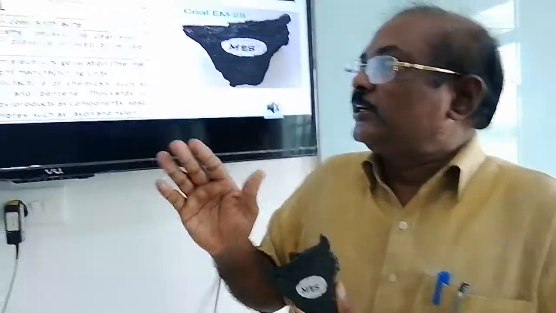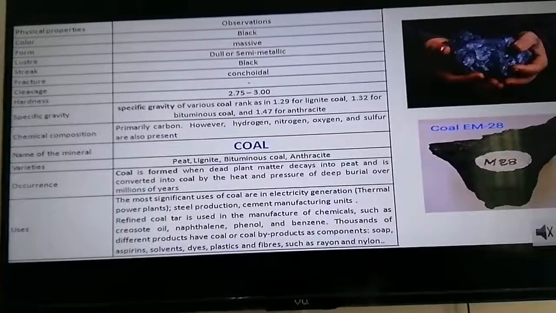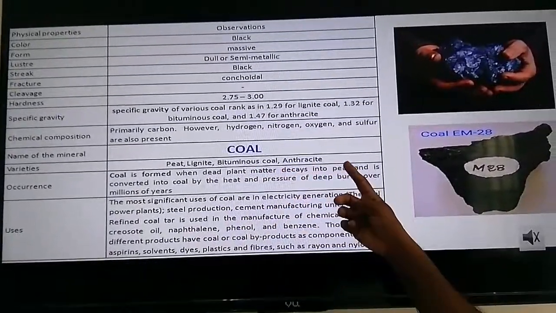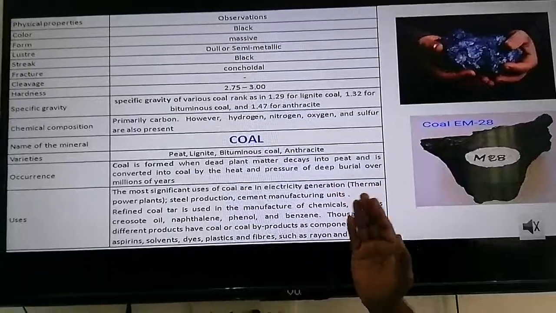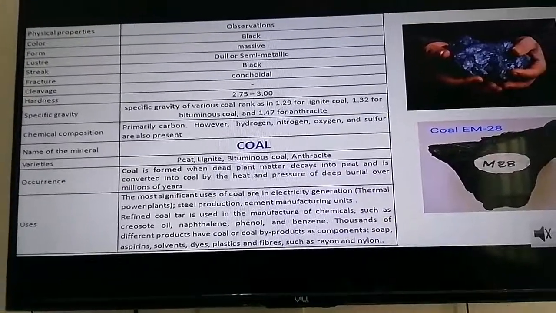Mineral means it should have a definite chemical composition, but its chemical composition varies from one variety to another, because coal has so many varieties: peat, lignite, bituminous coal, anthracite coal. So in each coal, the percentage of carbon content varies.